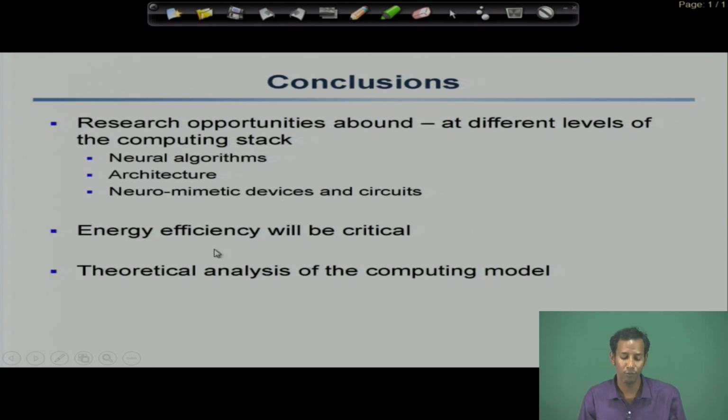Everywhere the primary task is that energy efficiency is the critical part of artificial intelligence hardware design, along with theoretical analysis of the computing model, and algorithms which will take a lesser amount of training data to properly train the machines. All this creates the scope to work on machine learning hardware.